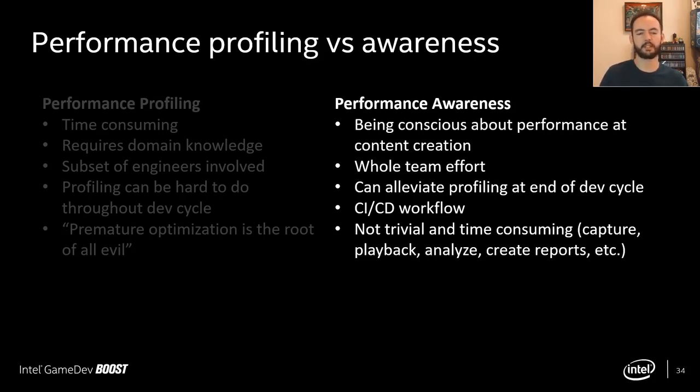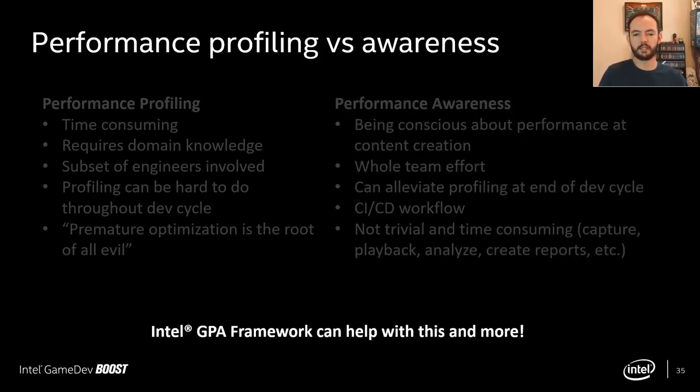So one of the things that I want to talk about here is how the GPA framework can actually help you with all this. But more importantly, this is just the tip of the iceberg of the things that the GPA framework can help you with. The idea is that we wanted to expose this so that you can create whatever tools would suit your particular needs, because you know much more about your game than we do, right?